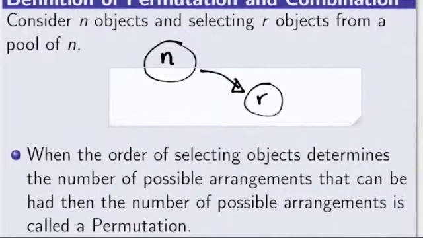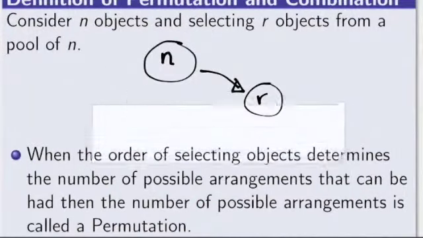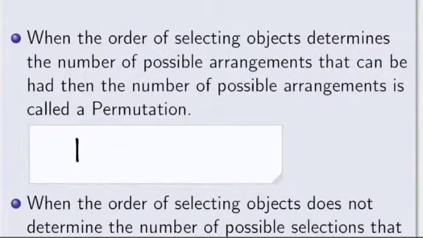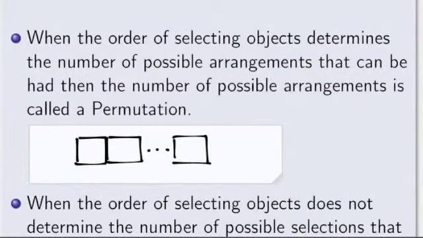So how do we compute the number of permutations? Well, if we are picking r objects out of a pool of n, we would draw r boxes. So we would draw r many boxes, and in the first box we would write down the number of choices for this box.